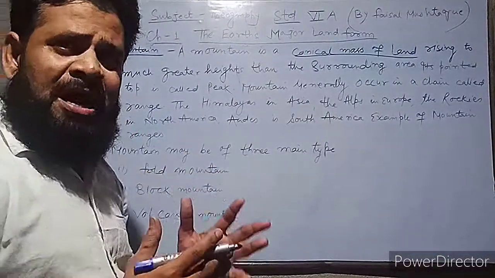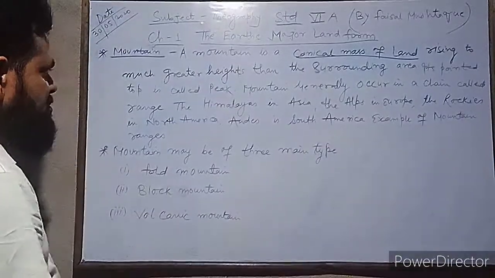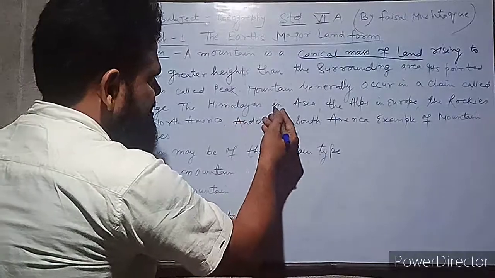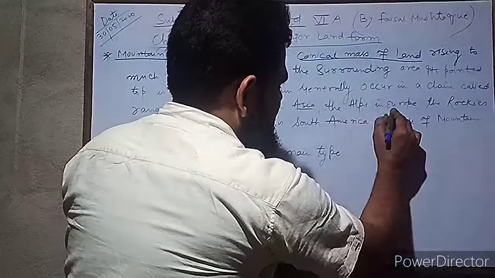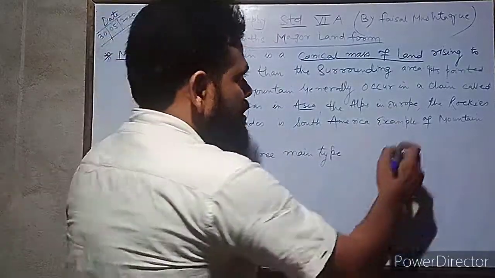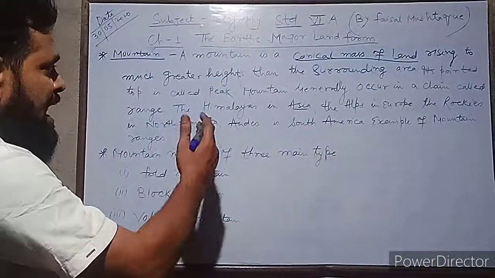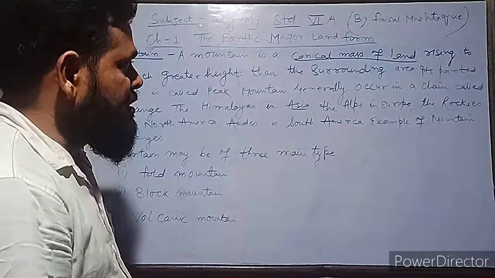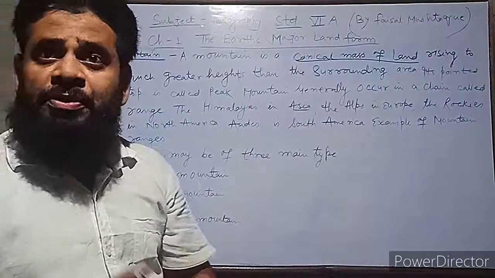And there are different types of examples of mountains: the Himalayas in Asia, the Alps in Europe, the Rockies in North America, and the Andes in South America. So these are examples of mountain ranges.